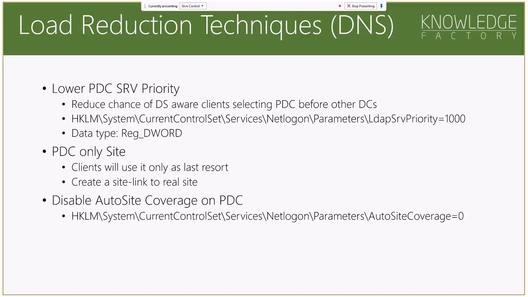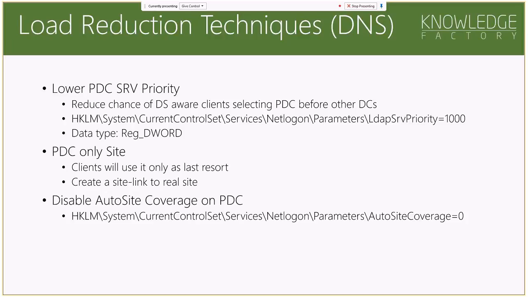Well, first of all, you can lower the PDC service priority. That means you reduce the chance of DC-aware clients selecting the PDC before any other DCs. So basically you say, when a client wants to talk to a domain controller, I give the PDC a lower priority so it steps down in the list, so to say.